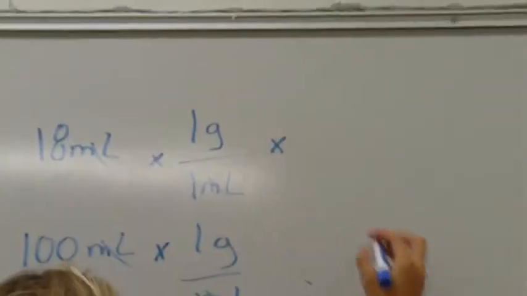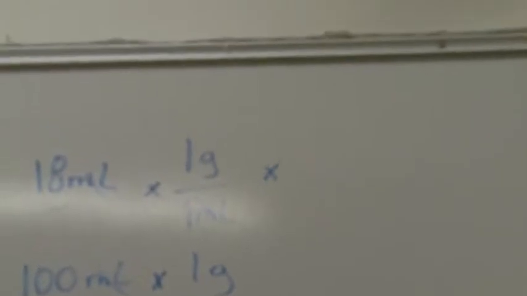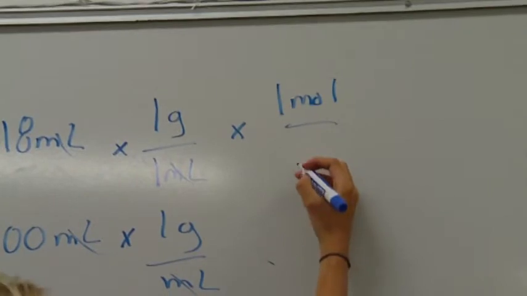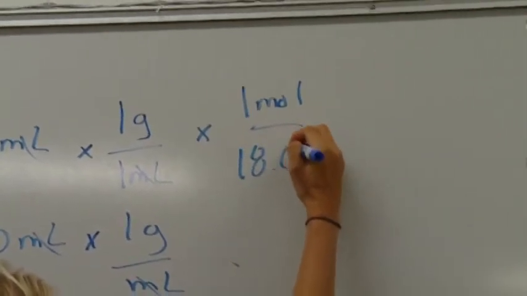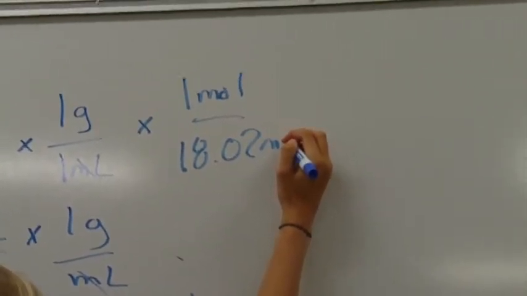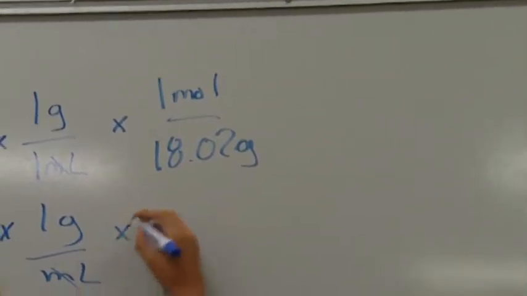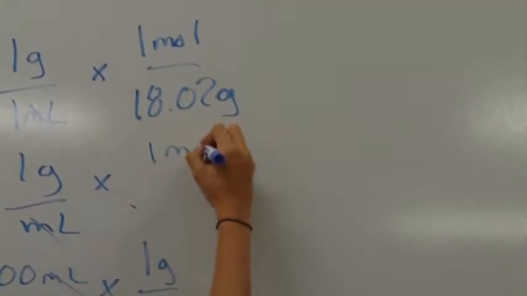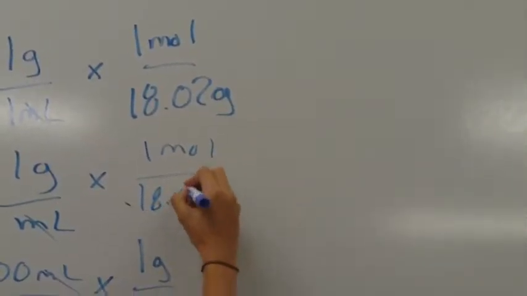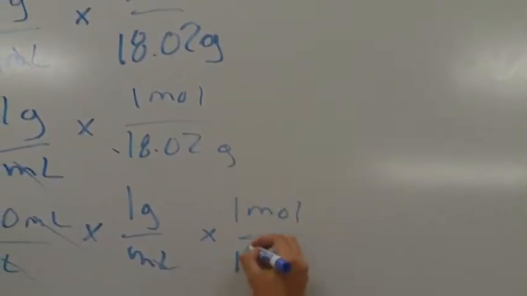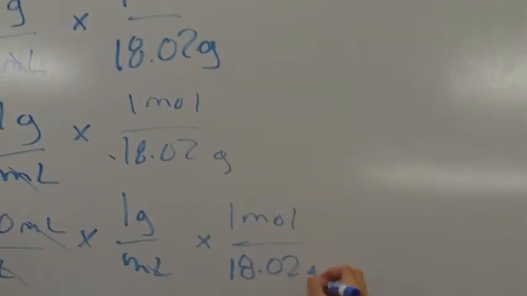So now we're going to use the molar mass of water, which is 18.02 grams. And we're going to multiply by that for all of them. And our grams are going to cancel out. Now we have it in moles.